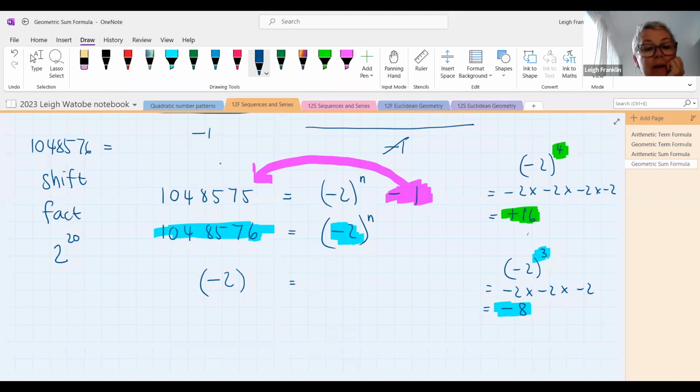So I've got to keep my negative base 2 to the power of 20. Because 20 is an even number, I'm going to end up with a positive answer, which is what I want. Okay, so equals -2 to the n. Now that I have made my bases the same, I can equate my exponent.